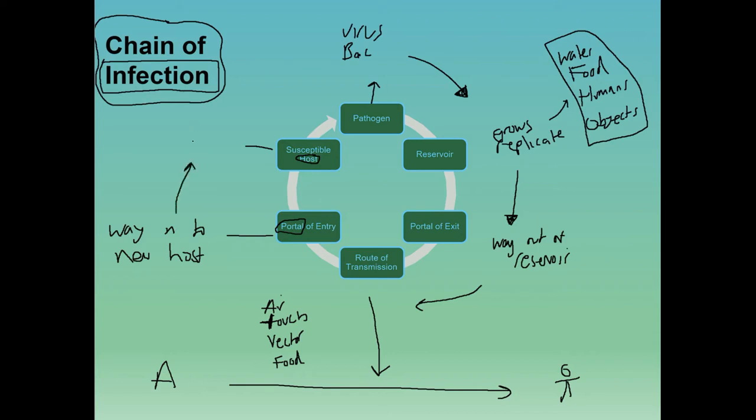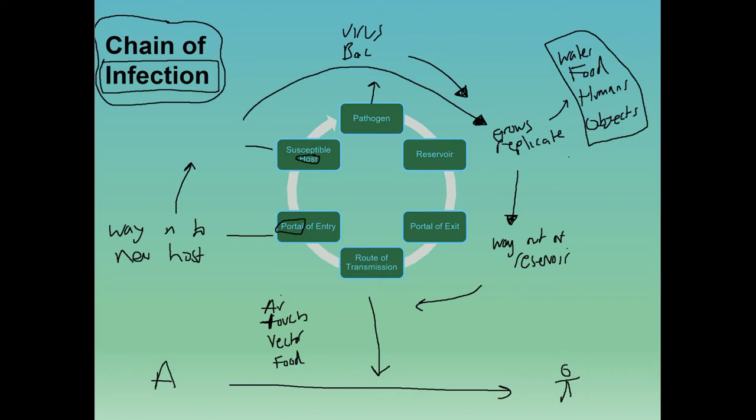And once that pathogen has made its way into a susceptible host, that person then becomes a reservoir. It doesn't have to be a person, but we're talking about human infection here, so that's what I'm using.